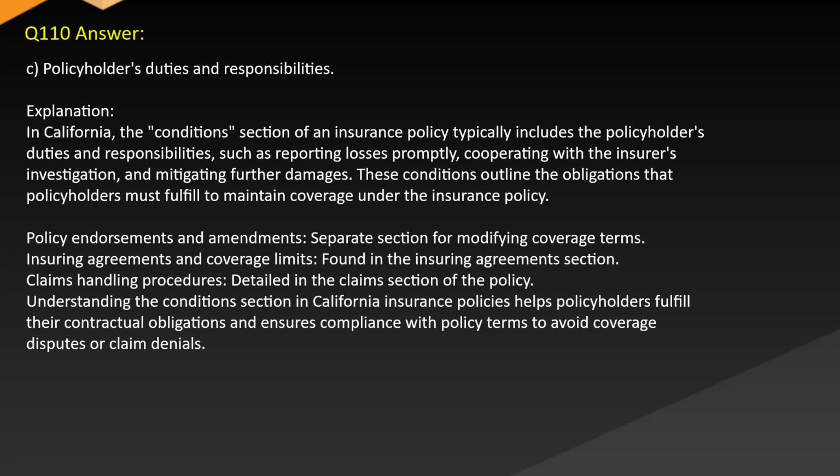Insuring agreements and coverage limits, found in the insuring agreements section. Claims handling procedures, detailed in the claims section of the policy. Understanding the conditions section in California insurance policies helps policyholders fulfill their contractual obligations and ensures compliance with policy terms to avoid coverage disputes or claim denials.